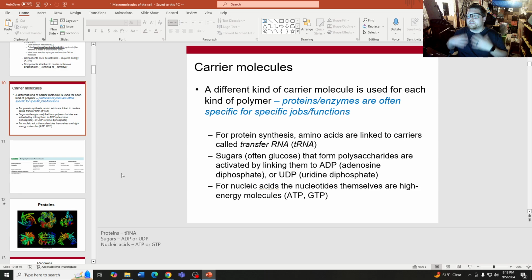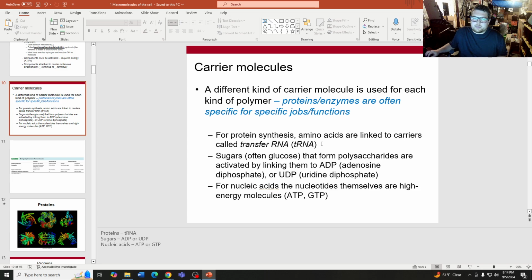So we need different types of them to do all the different jobs in the body that are necessary. For example, for protein synthesis, amino acids are linked to carriers called transfer RNA, tRNA.